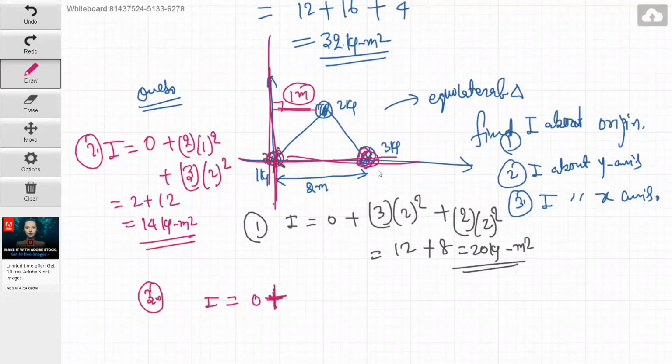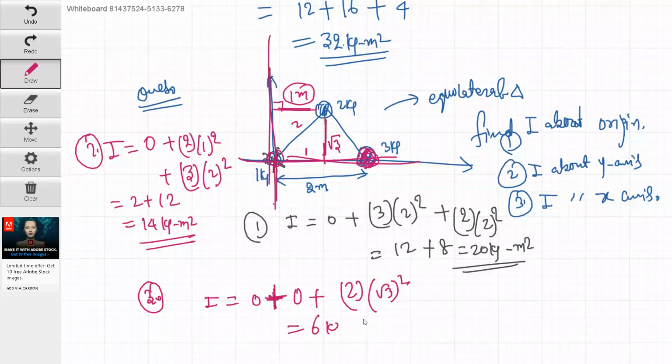The moment of inertia of 3 kg about the x-axis will be 0, plus this distance is basically, this is 2, this is 1, so this distance is root under 4 minus 1, that is root 3, isn't it? So the moment of inertia of the 2 kg about the x-axis is m r square, root 3 square, that is equal to 6 kg meter square. Is this all right?